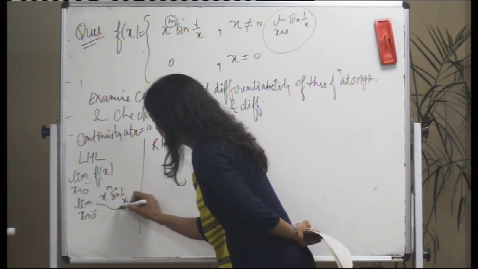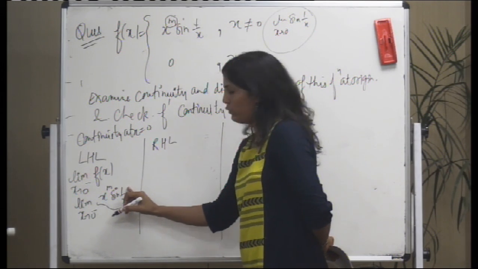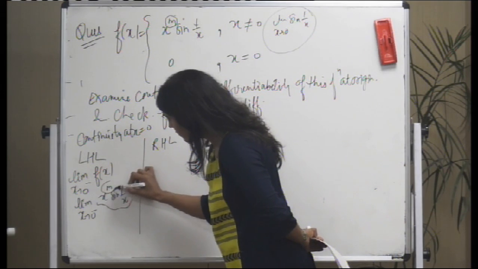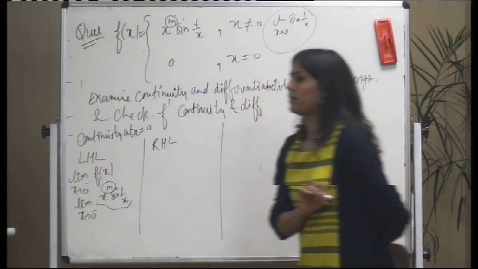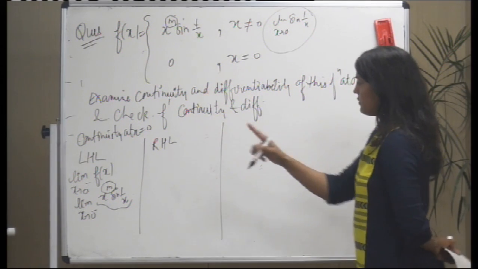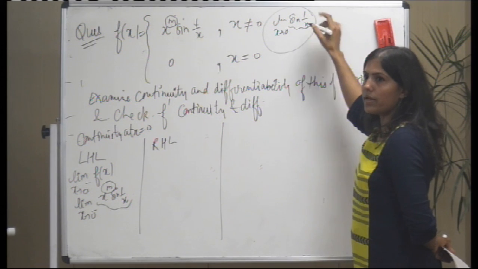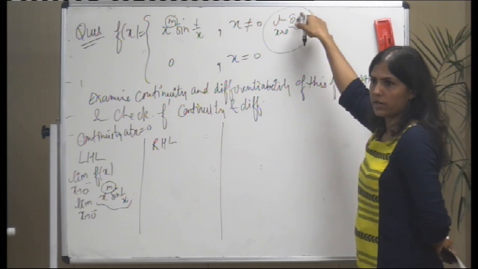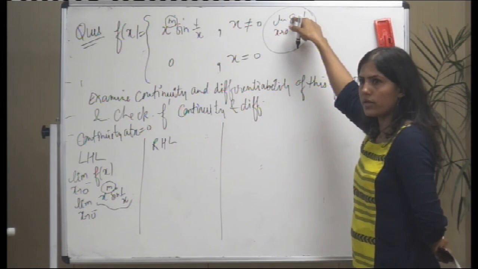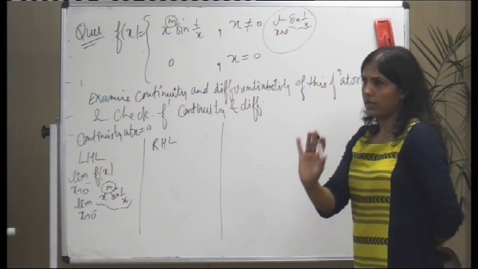Now this value will exist only if m is suitable. First a little bit of discussion. The sin(1/x) limit doesn't exist, but as I told you, this is a finite value lying between -1 and 1. If I multiply this by 0, you will get 0. You agree?